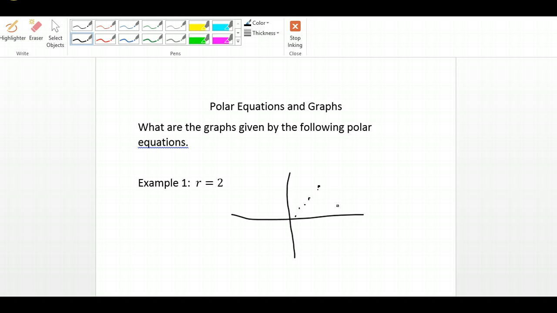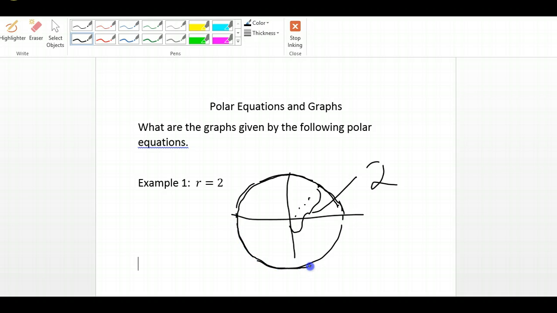So do you see a kind of a circle taking place? Well, it's not a really good circle, but you get the idea, right? r is fixed at 2, so this is really equal to 2. But theta can be anything, because the equation has no theta in it.